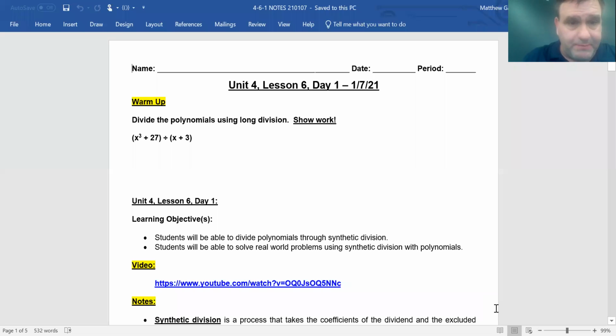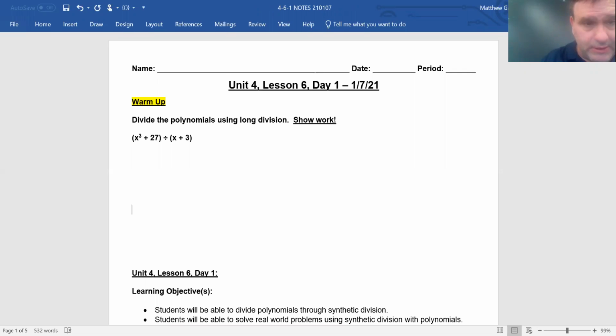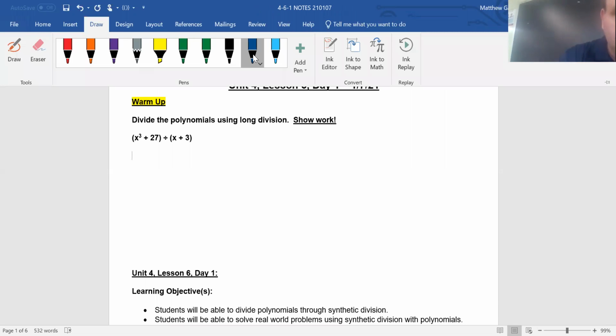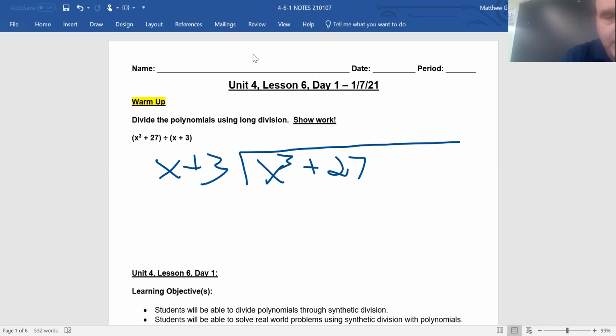we're going to start with the warm-up, kind of what we did yesterday, where we're dividing two polynomials through long division and using placeholders. So kind of give you an idea here, we're just seeing how many times x plus 3 goes into x cubed plus 27.